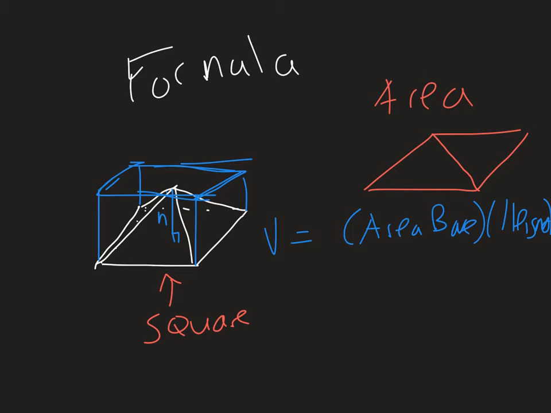Well, it turns out that similarly to the area of a triangle, a pyramid, instead of it being a half, it is 1/3 of the volume of this theoretical prism around the pyramid. So all we have to do is find the area of the base, the height, and then either multiply that by 1/3 or divide it by 3.